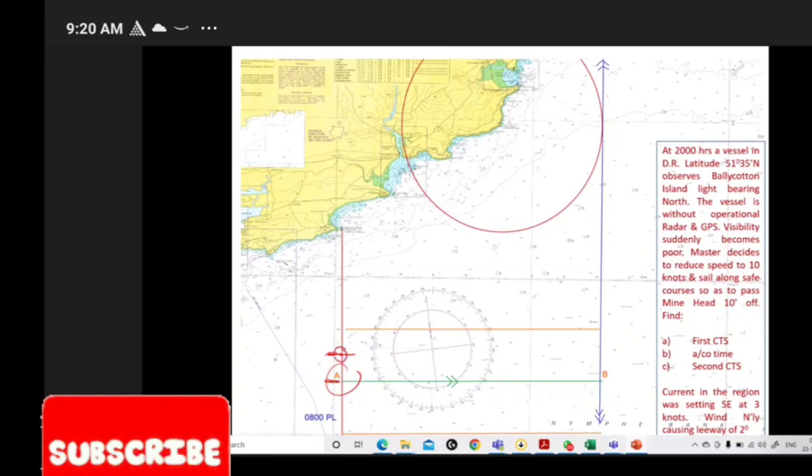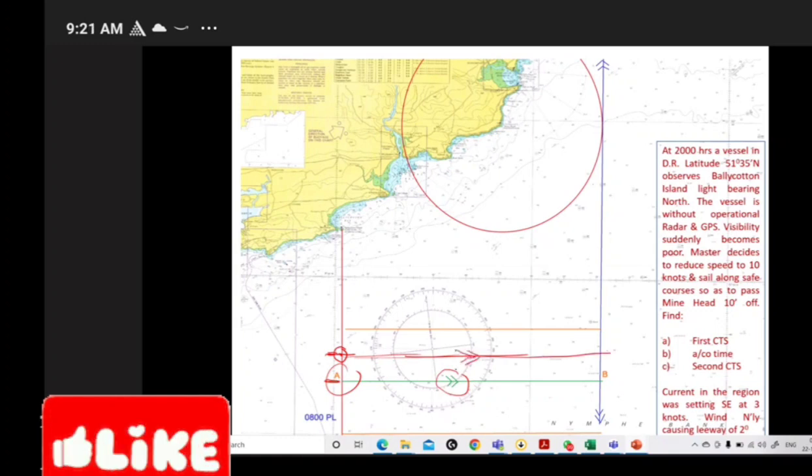From here also, as long as I make good this course, this will be the track of the ship. The distance made good in both cases will be the same. The ship after the same time and distance will join the transferred PL. Only, instead of B, it will join the PL at B dash. That's all that will happen. Correct?